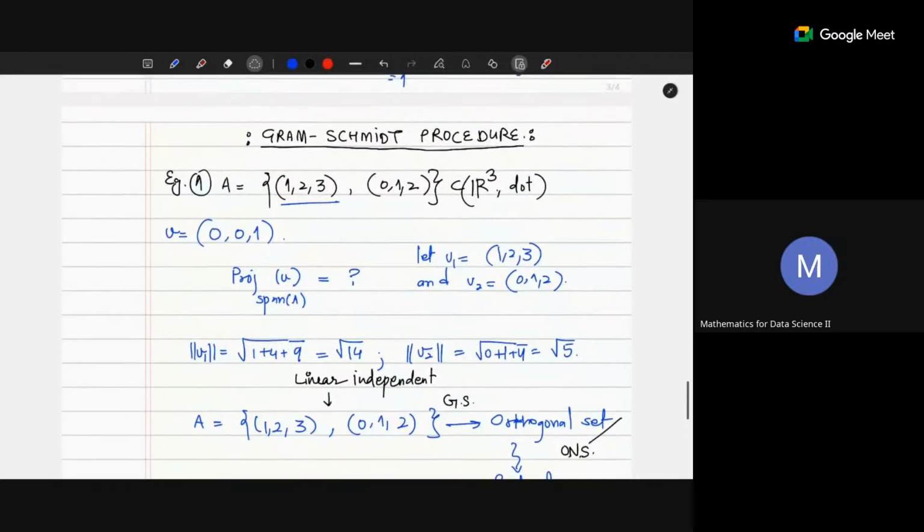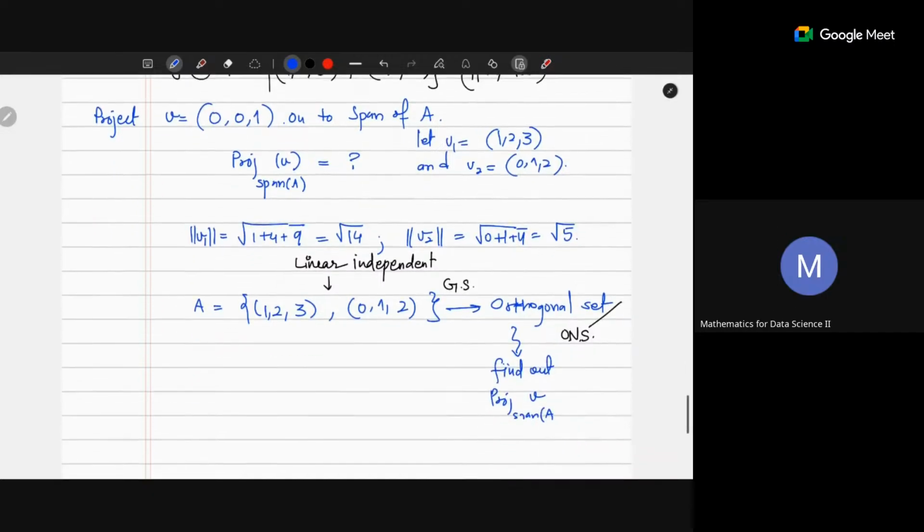Okay. So in this example one, we had this set of vectors 1, 2, 3 and 0, 1, 2 in R3 with dot product, and I want to project this onto the span of A. Let me call these vectors that.